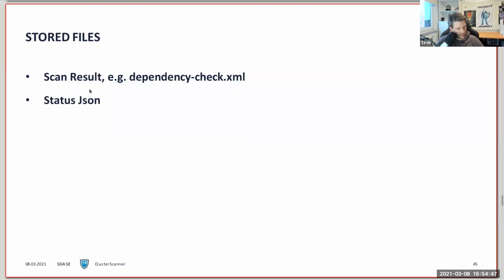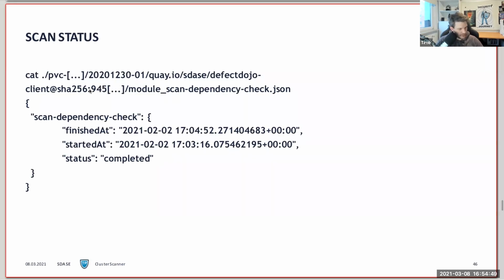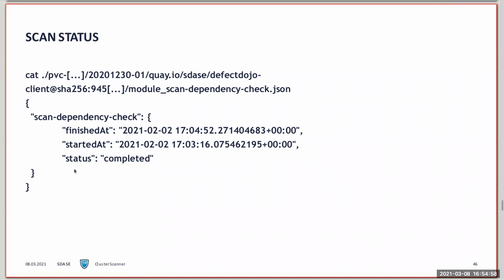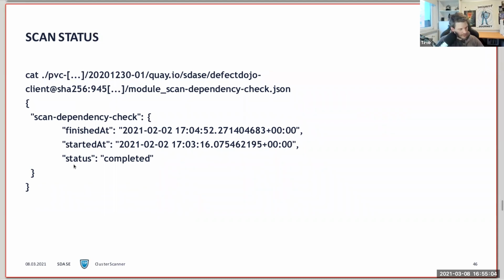So I'm putting this error also in the status JSON, and it could look like this in a simple way, that you just have start and finished, and when the status is not completed, you might have more. Also in here is currently planned to have the path for the dependency check XML, the scan results.